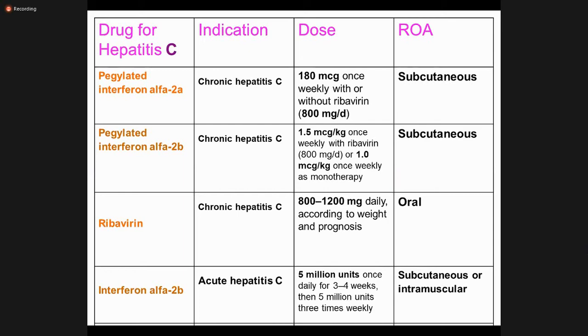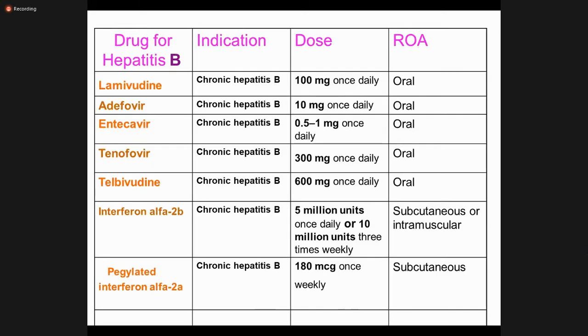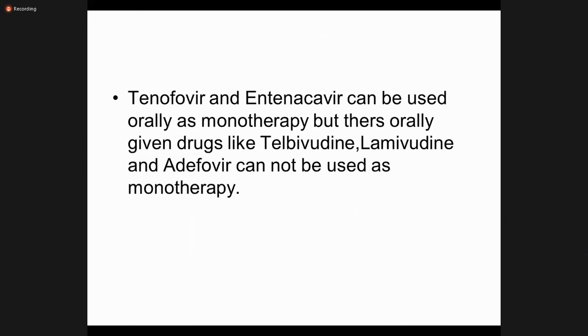Okay, in the treatment of hepatitis B, you must remember the oral drugs: lamivudine, adefovir, entecavir, tenofovir, telbivudine. And what is the other important point that you must remember? That tenofovir and entecavir can be used as monotherapy.